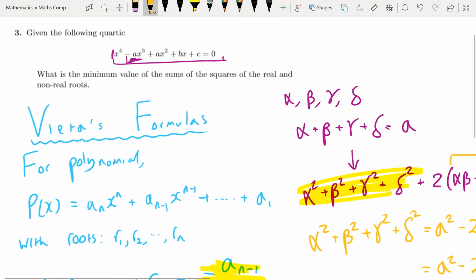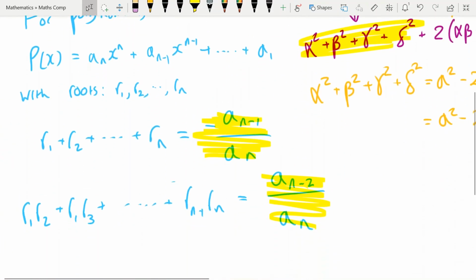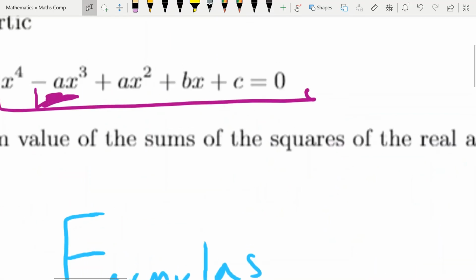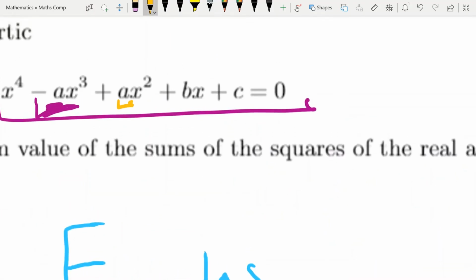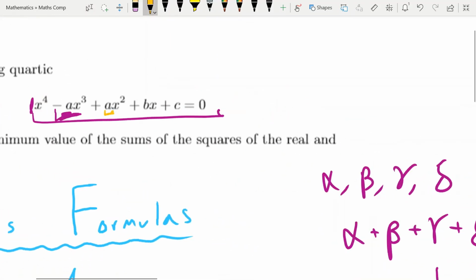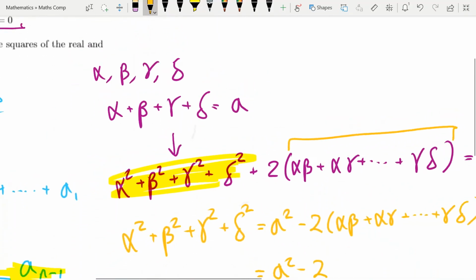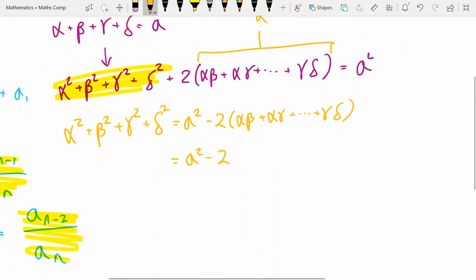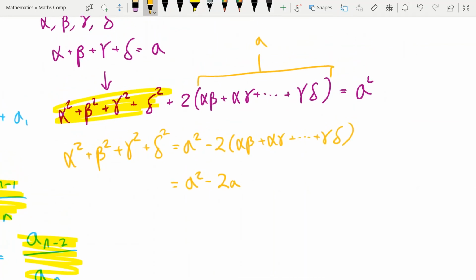So we know from Vieta, it's equivalent to a_(n-2) over a_n, which is the coefficient of x squared divided by 1. Well, that's just going to be a. So this is equal to a. Therefore, this right-hand side is equal to a squared minus 2a. So we've got the sum of the squares of the roots in terms of the coefficients now.